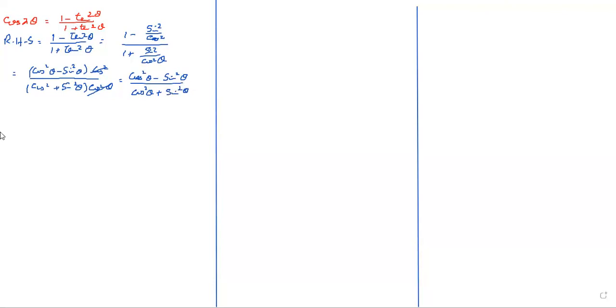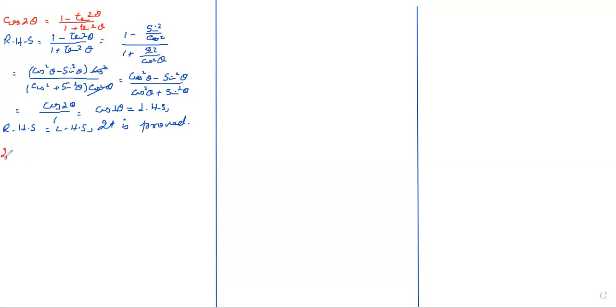Right, so the numerator is the formula of cosine 2 theta, and the denominator is the formula 1, which is equal to cosine 2 theta, which is equal to the left hand side. So right hand side equals the left hand side, which means that it proves our statement. So it is proved or it is verified.